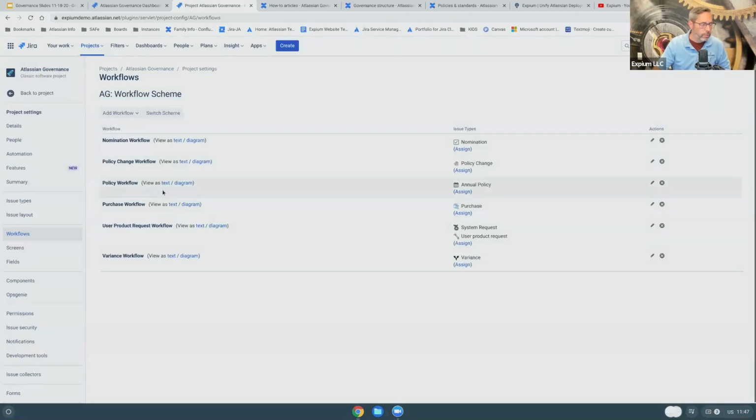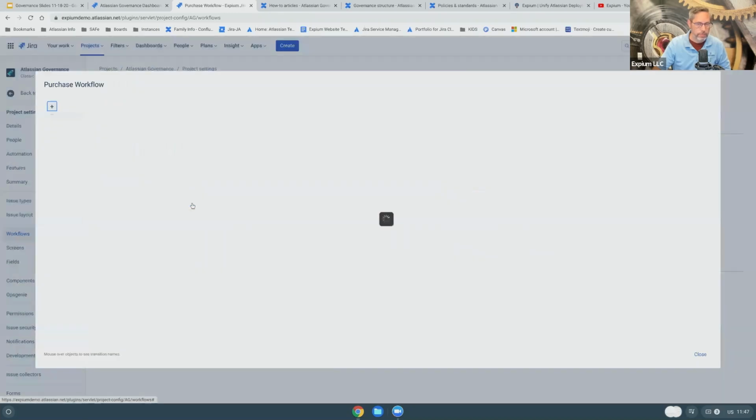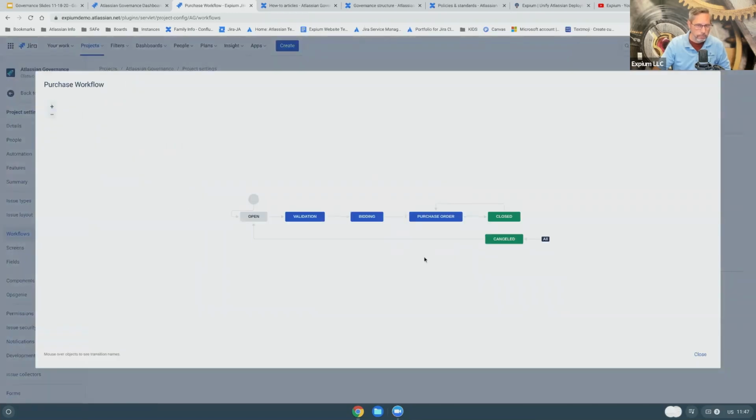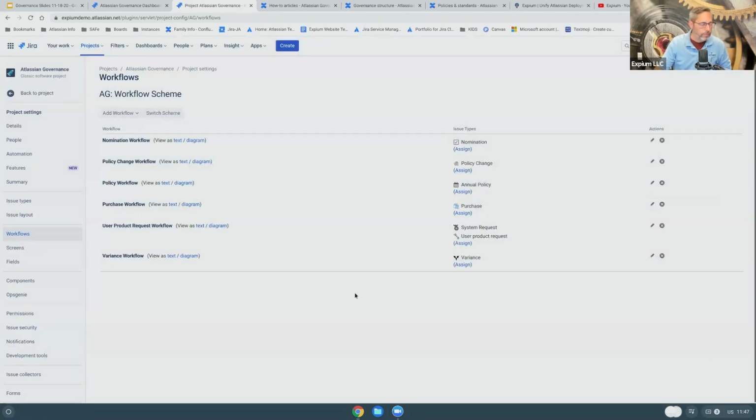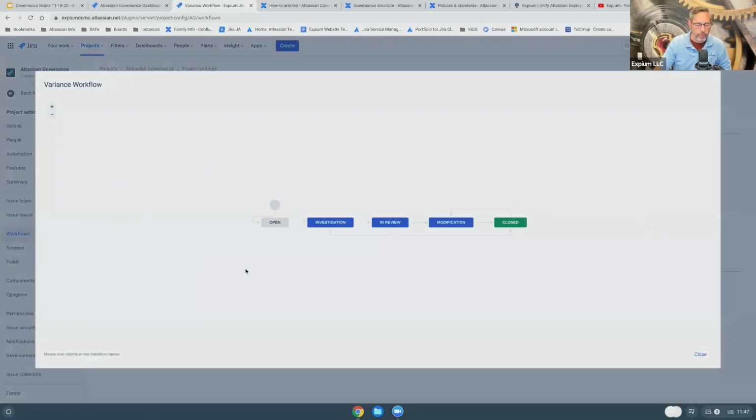By the way, the purchase workflow I talked about, when it comes time to purchase an add-on, could be done here. This is just a typical purchasing workflow that might go through the purchasing group or whatever. So there's a couple of other things. What if you have a variance? Somebody violates a policy, or there's just something that happens and you need to research it. You might have a variance thing that comes up here as well.